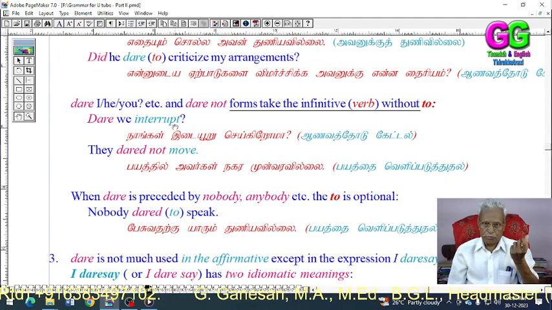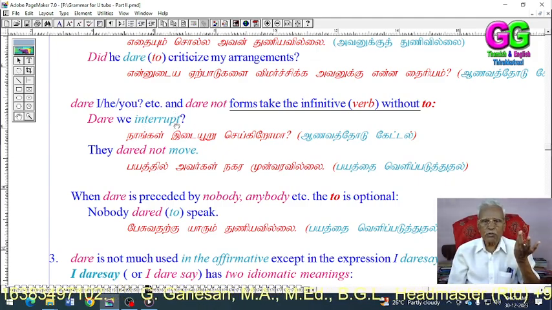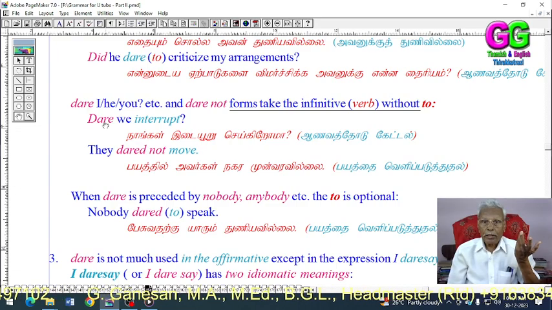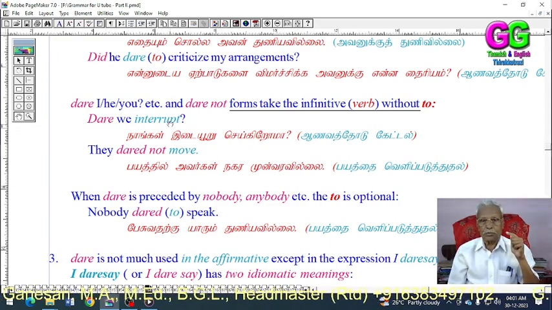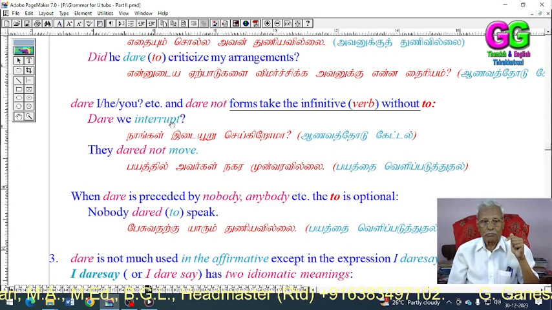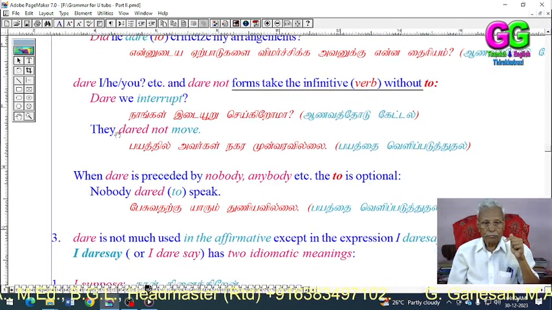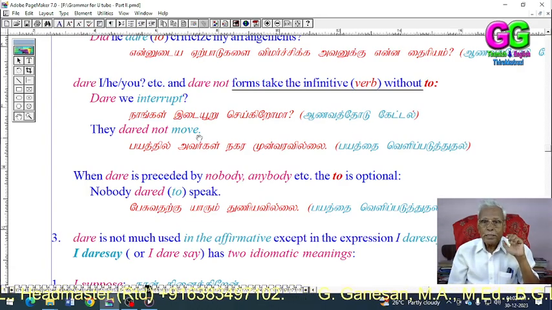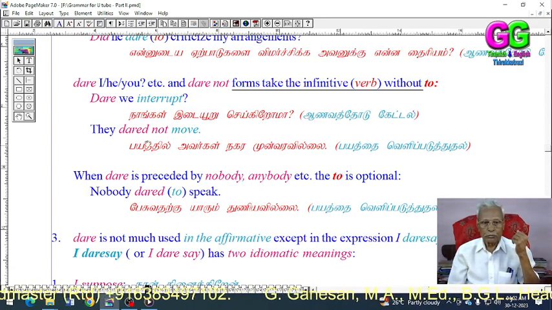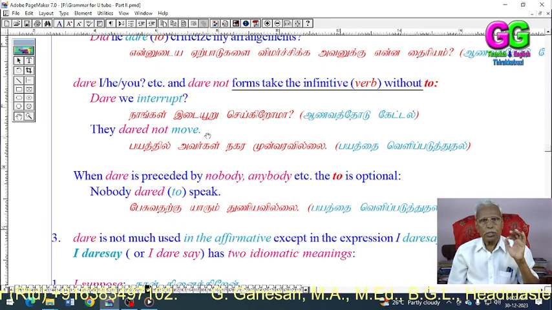Here dare has been used as an auxiliary. They dare not move. There is no infinitive to.